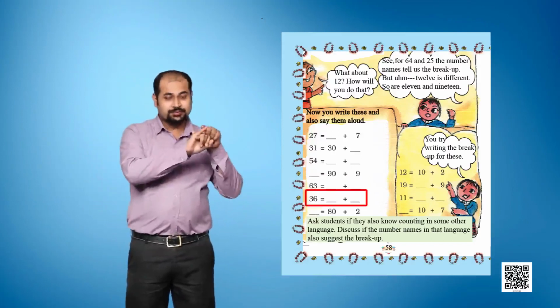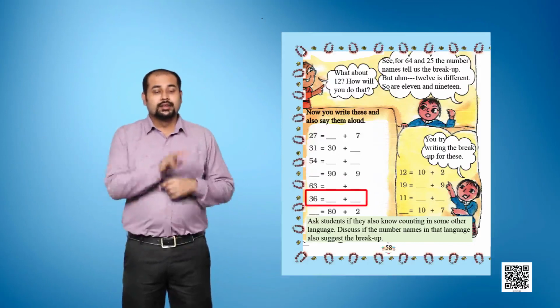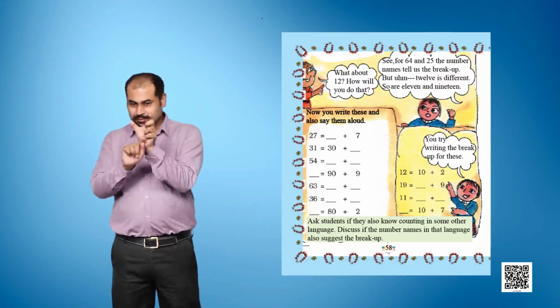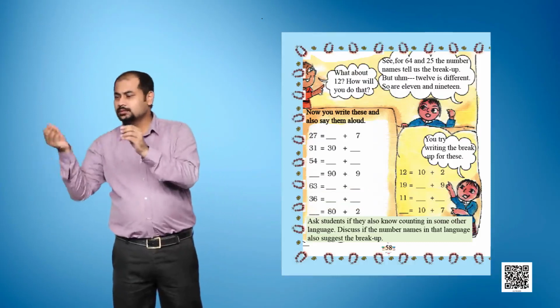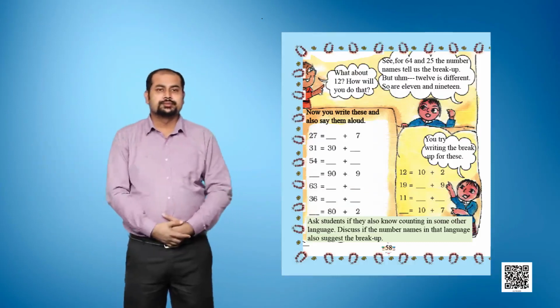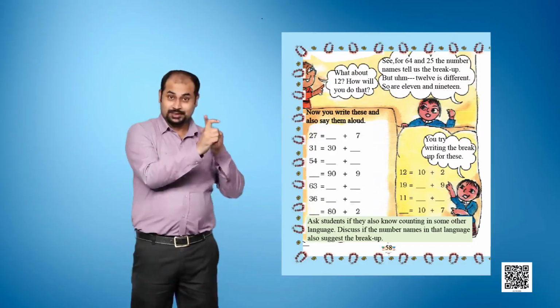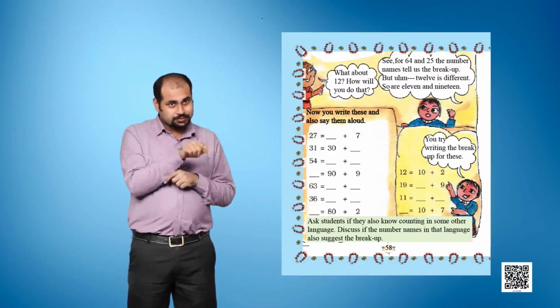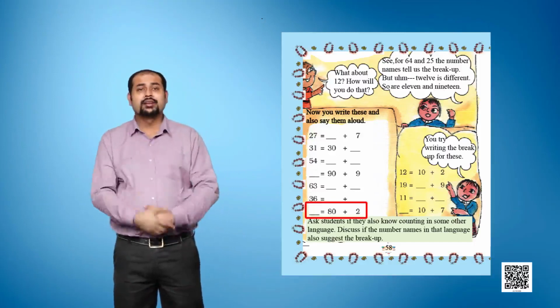Question 6. 36 is equal to dash plus dash. Question 7. Dash is equal to 80 plus 2.